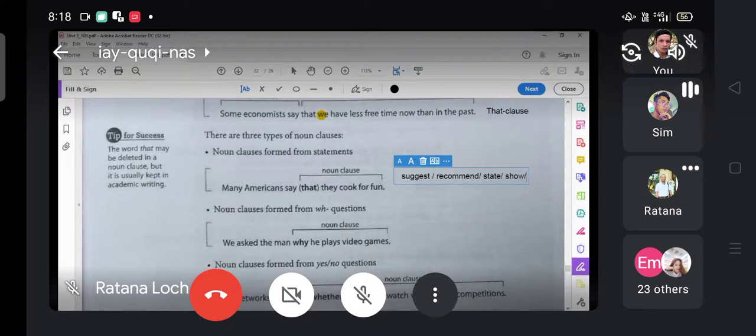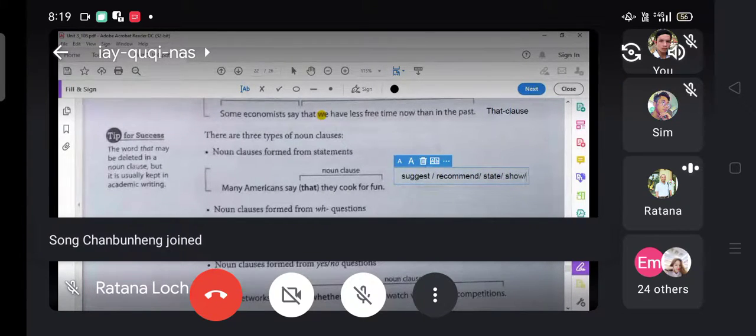No question, teacher. Okay, so when you read any article, you can know that they use noun clauses a lot, because like a report, a result, anything, we use it a lot.